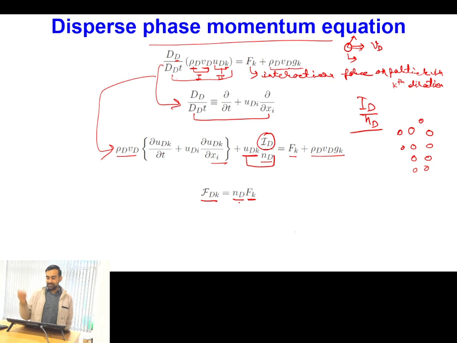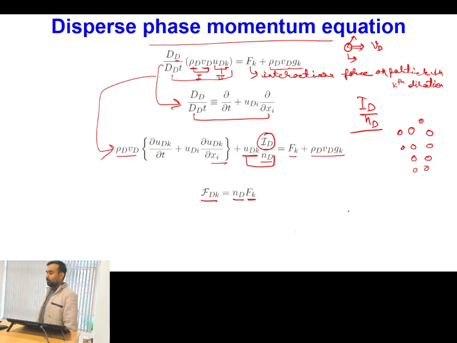Now comes one important point. Let's try to understand that. If I put a particle into the flow field, will it come into equilibrium with the surrounding phase immediately? Depending upon the size.